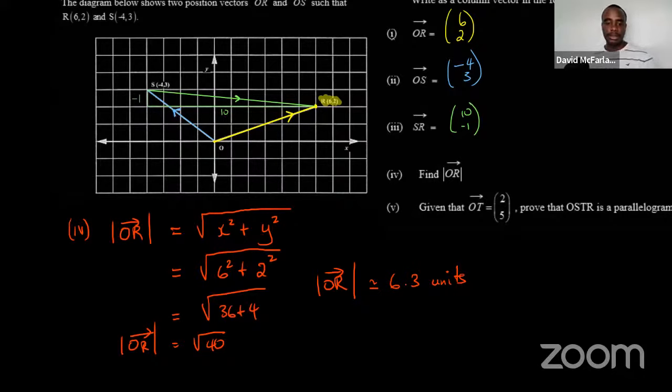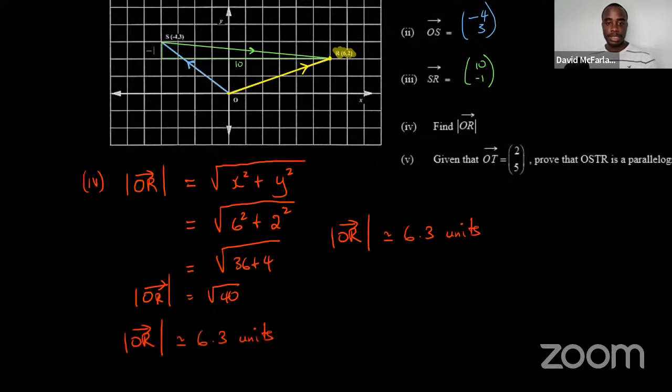All right, good. So that would be our magnitude of OR. I should probably put that down here, just in case I'm going to need space.